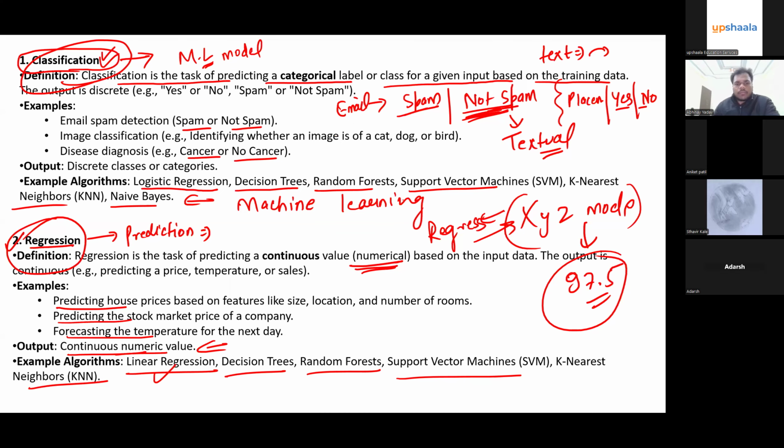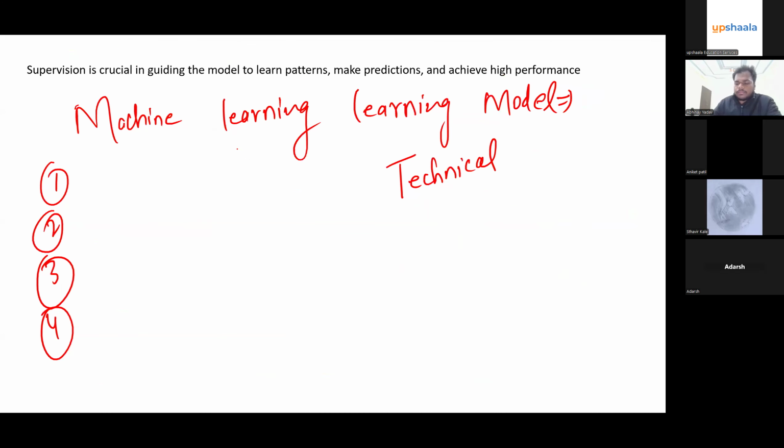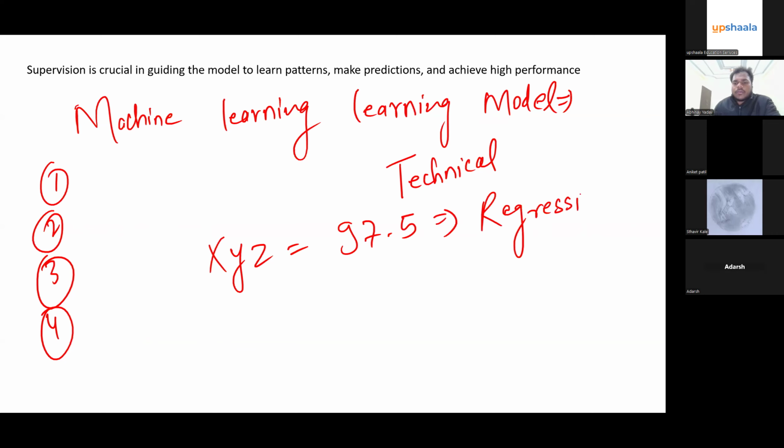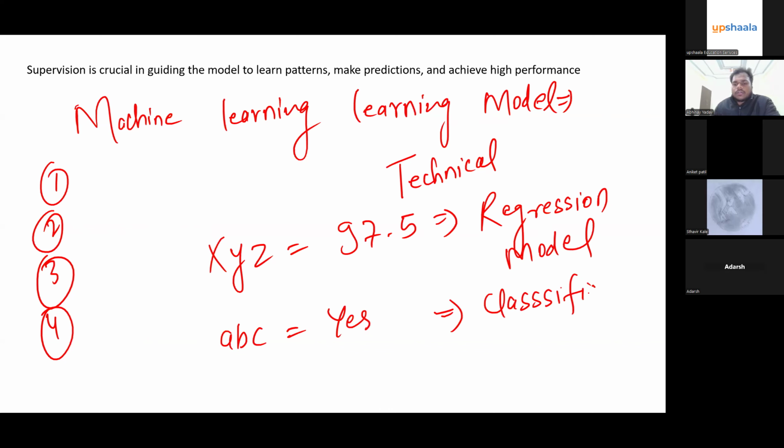Suppose you have a model XYZ giving the result 97.5. What kind of model is it? It is a regression model. Suppose there is another model ABC giving the result yes. What kind of model is it? It is a classification model.